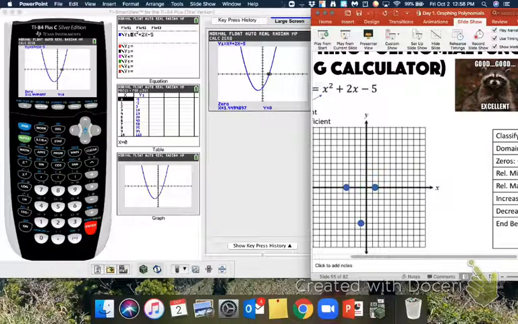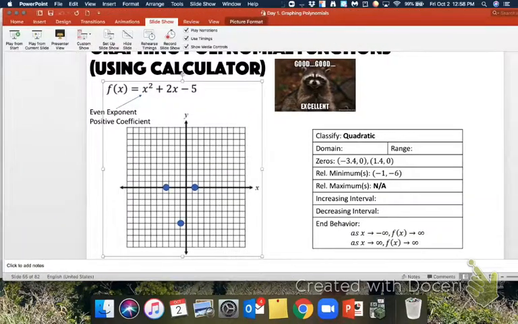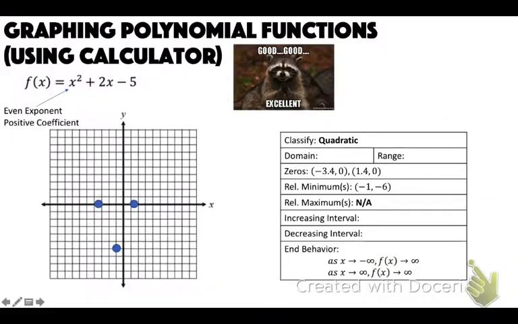The rest of this, we're basically done graphing at this point. So let's just go back to this. So now, there's our graph, and we can finish by finding increasing and decreasing. Domain would be negative infinity to infinity.